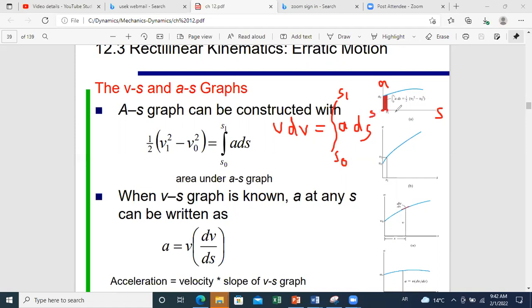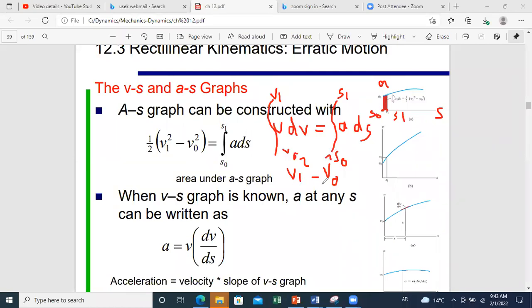This will be the area limited by these two, the area here in red. And then to find the corresponding value of V, I integrate the second side between V0 and V1. And the integral of V with respect to V is V squared over 2. So I get V1 squared minus V0 squared over 2.